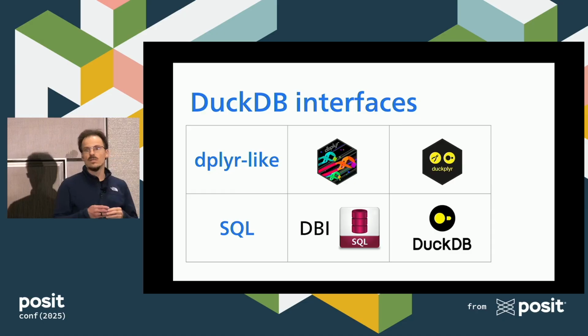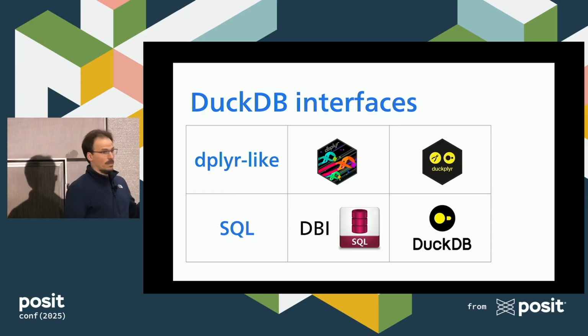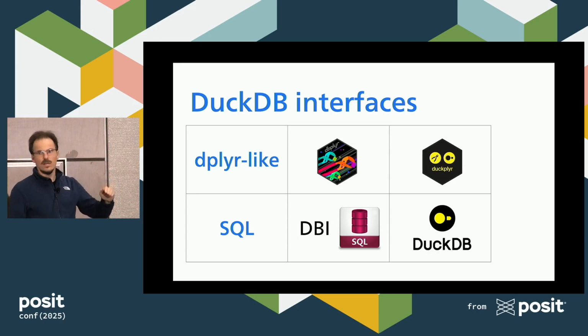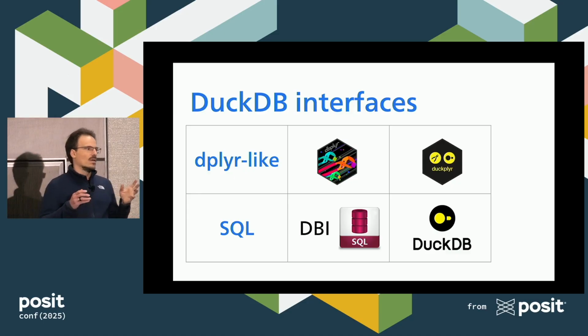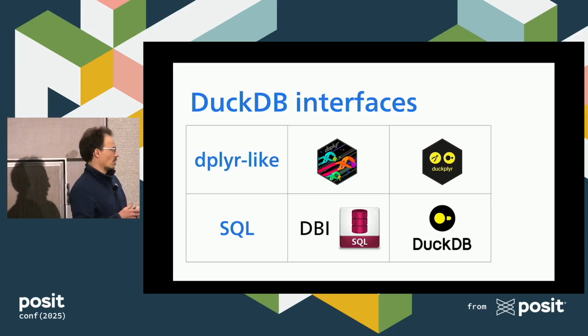If you enjoy dplyr-like interfaces, as I do, you would use dplyr that connects with DBI. dplyr translates your dplyr pipelines into SQL, runs it on the database, collects the results, but only if you tell it to.